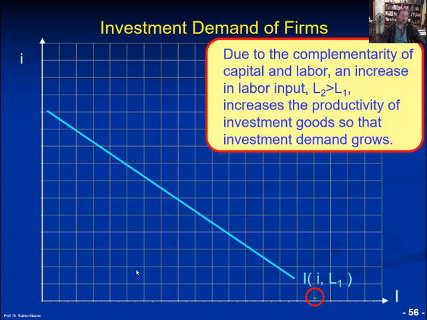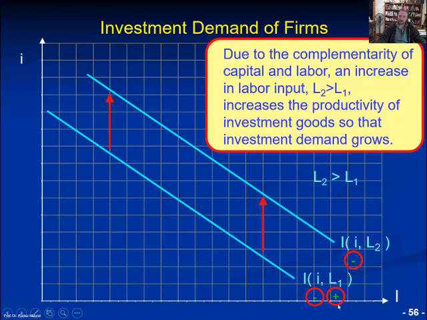Therefore, we have to shift the credit demand curve upward if labor input grows. So, labor input is a positive shift parameter of the credit demand curve. We can attach a positive sign below the labor input argument in the investment credit function.